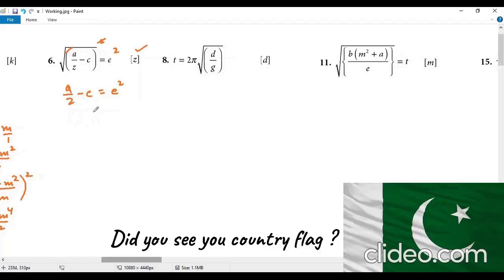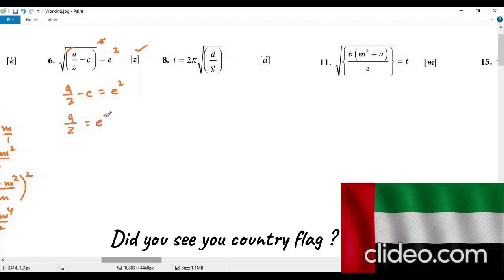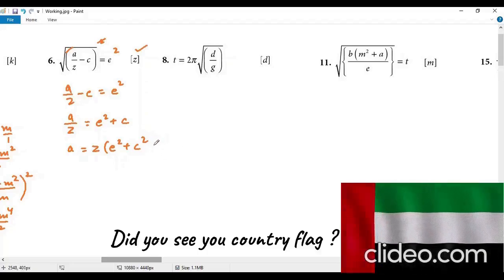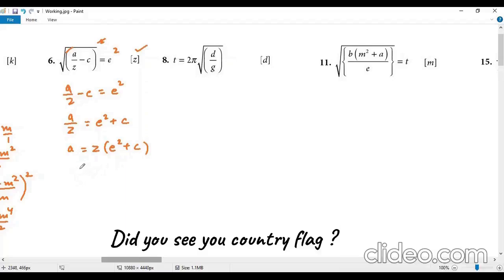And here A over Z equals E square plus C. That means A will be equal to Z multiplied by E square plus C. And now we will keep Z on the other side and bring E square plus C on this side. So this is going to be your final answer.